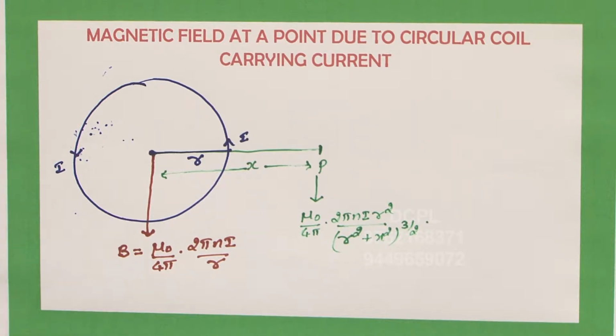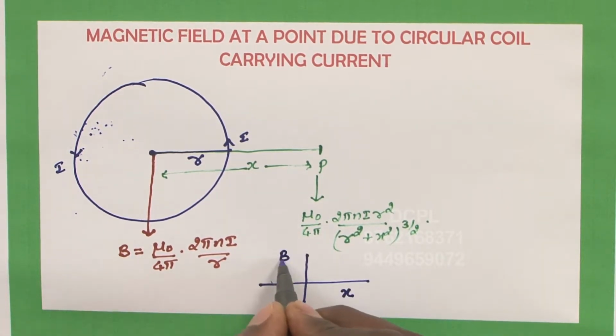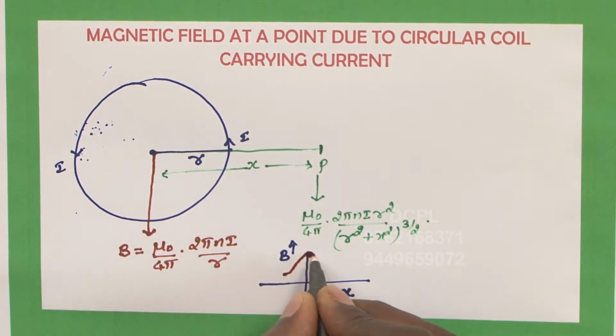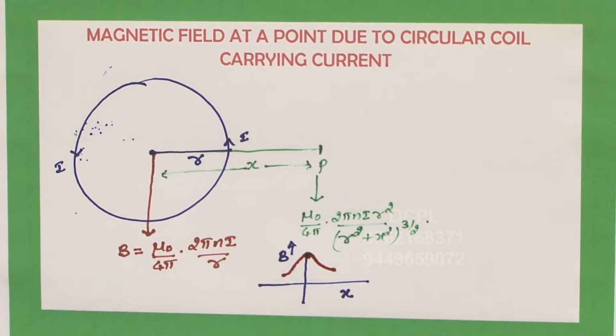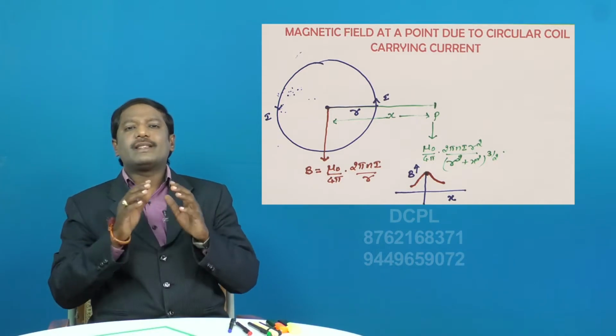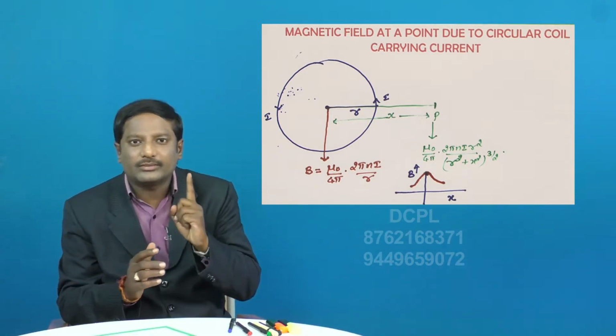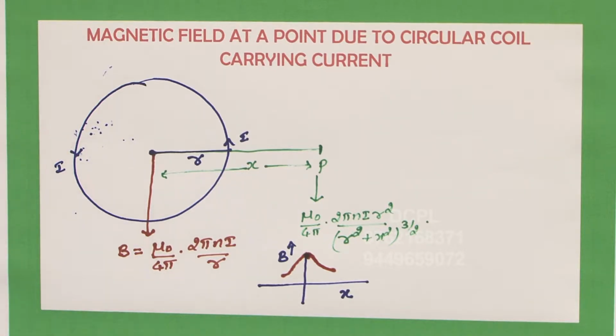So, in graphical representation, if you show the variation taking the distance along x axis and the magnetic field along the y axis, at the center the magnetic field is maximum and as the distance increases the magnetic field decreases.